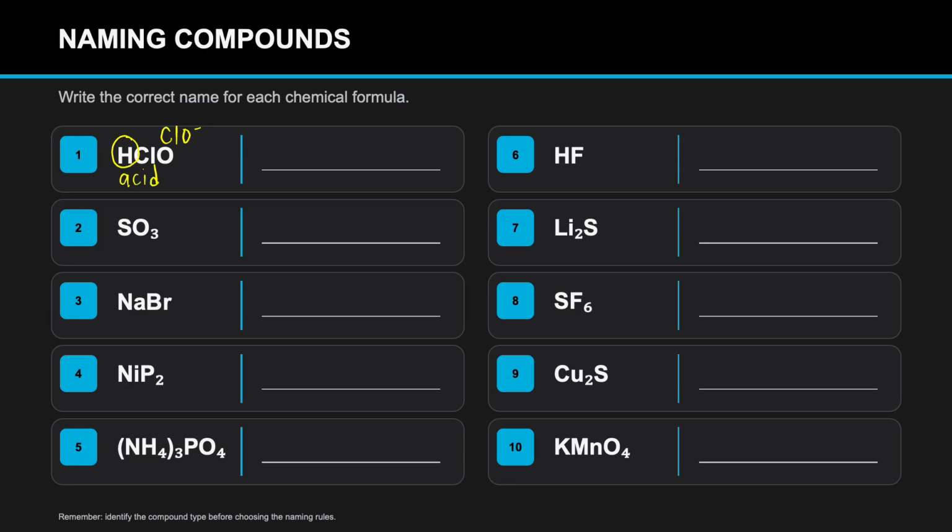Remember, that's only if you just have an element. So here we have a polyatomic ion. So we need to look at the ending. ClO minus is hypochlorite. It ends in ITE. ITE changes to OUS. So the name of this would be hypochlorous acid.